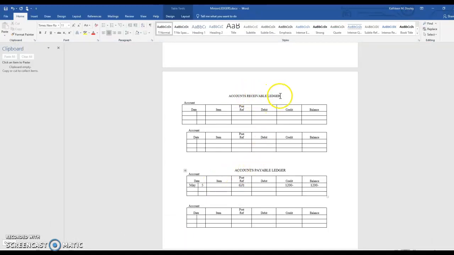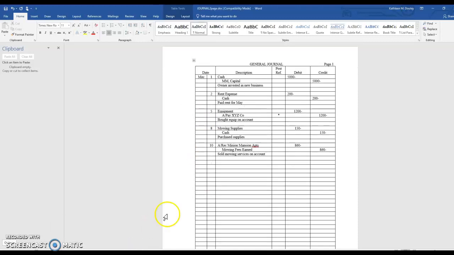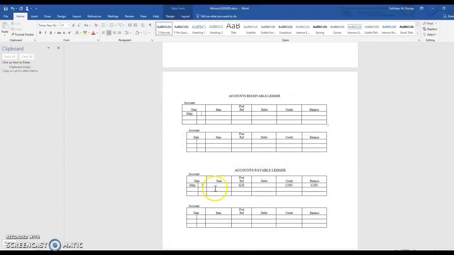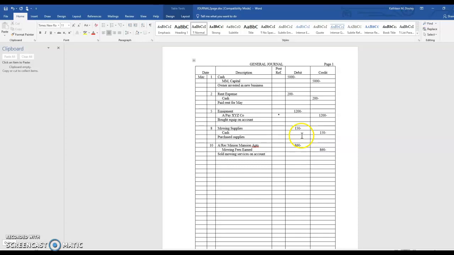So here's my accounts receivable ledger. That was on the 10th. Item is left blank. Okay. That was a debit, accounts receivable, and the customer is being debited.